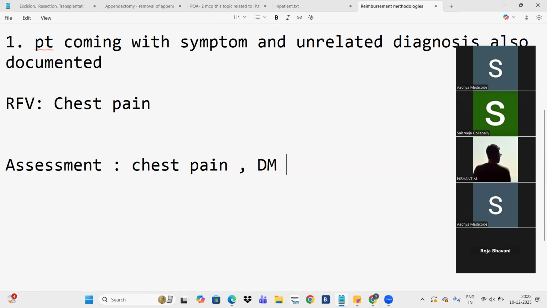Chest pain only. Why do we give chest pain as the PDX? Because it is the reason for the visit.